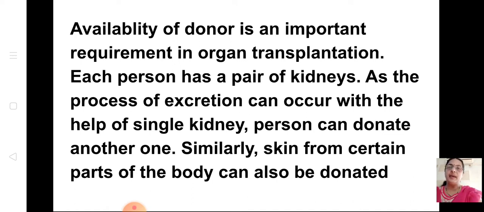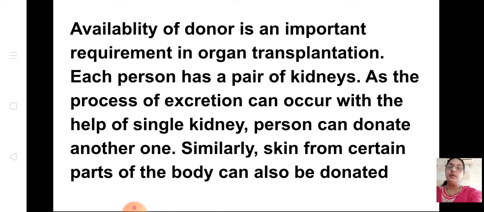Each person has a pair of kidneys. As the process of excretion can occur with the help of a single kidney, a person can donate the other one. So I told you, there's a pair of kidneys. Even with one kidney, excretion takes place and people can survive.